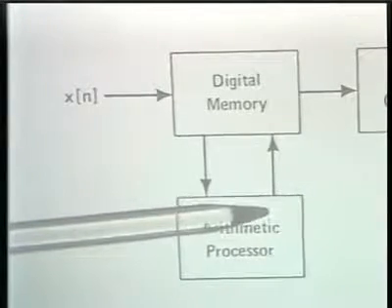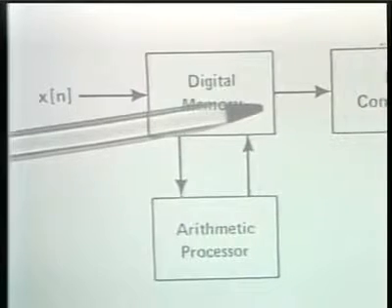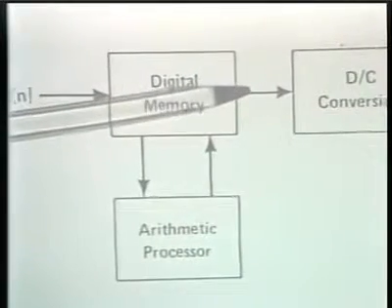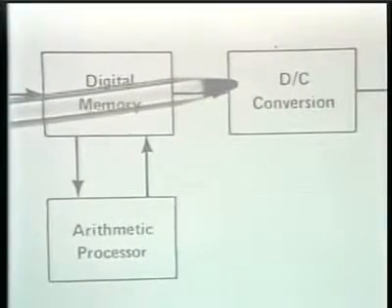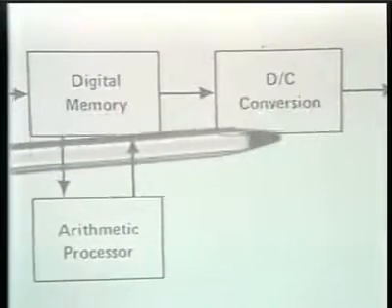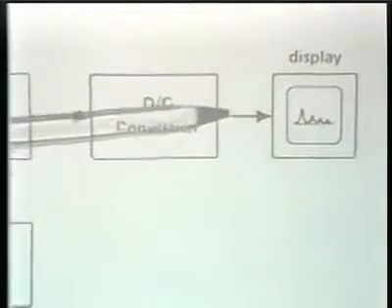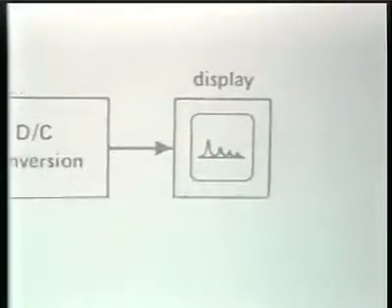And after the spectrum is computed and put either into the same or a different memory, that is then put through a conversion process back to a continuous time signal, and finally put out on the display that we've been seeing in the demonstration. And so this is just indicative of the display.